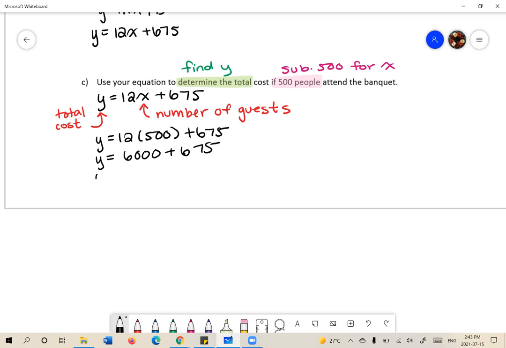That's 6,675. Therefore, it will cost $6,675 if 500 people attend.